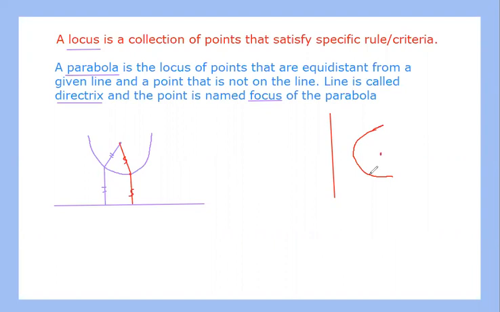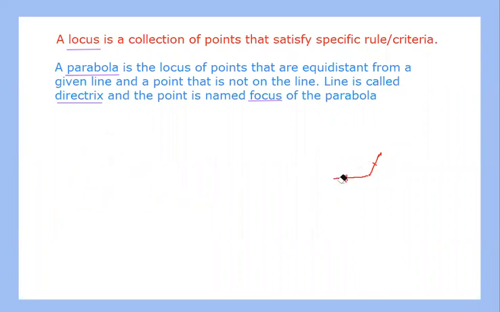Whenever you pick any point, this distance will be the same as this one. The curve could be facing any direction: up, down, left, or sideways. That doesn't make any real difference, but it will be a bit different from the others. We will see some of those as we go, but that was just the definition.